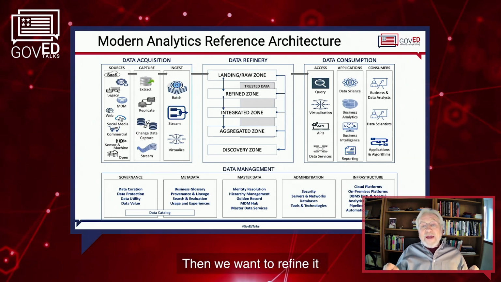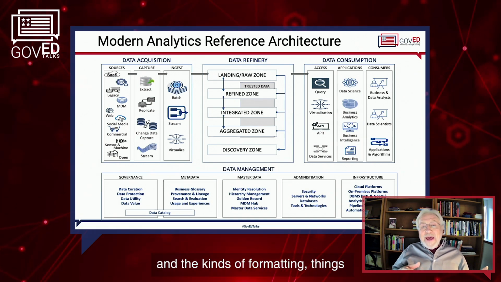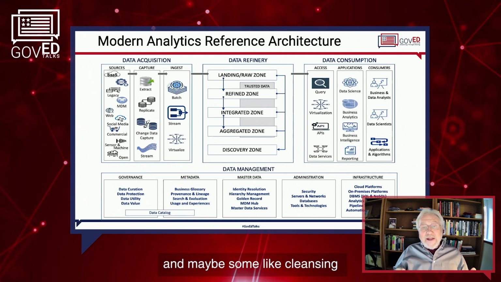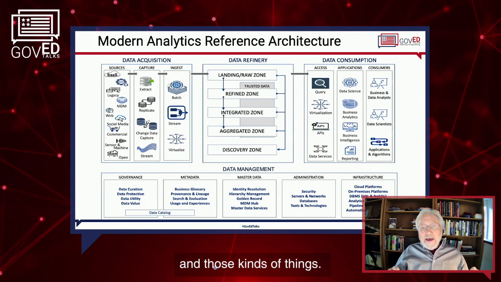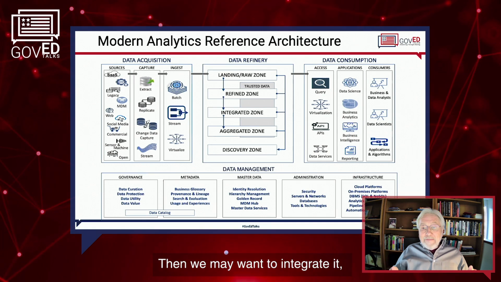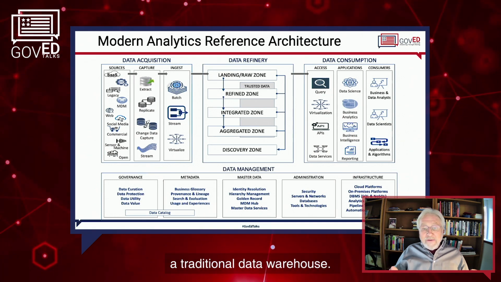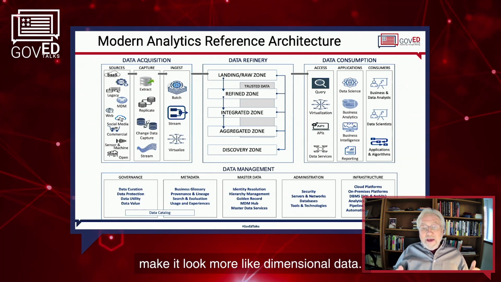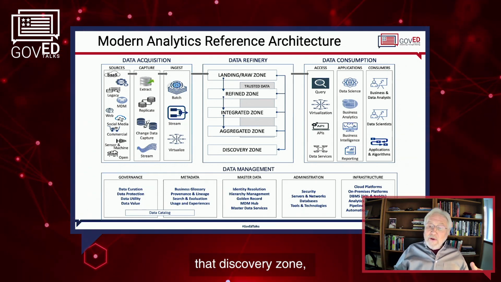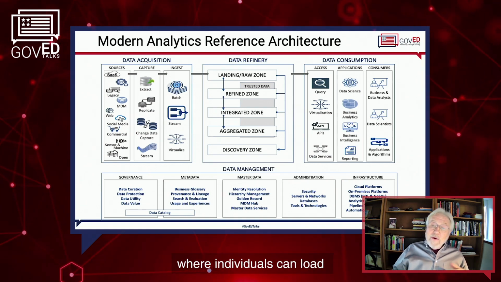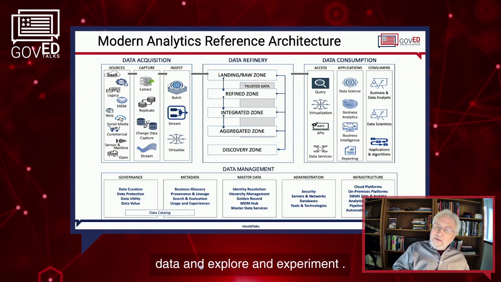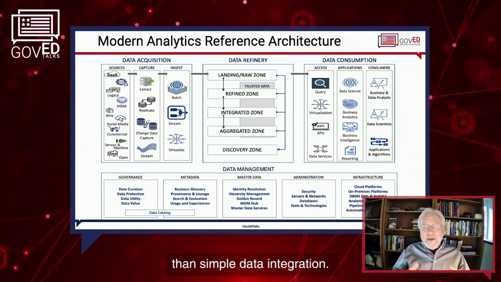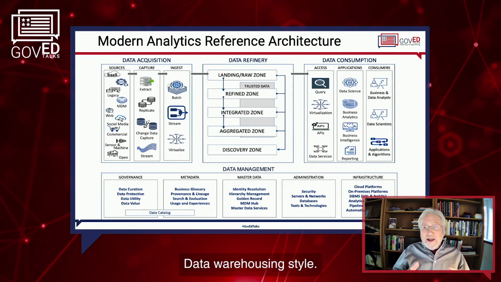Then we want to refine it with the standardization and the kinds of formatting things we want to do, standardizing dates and maybe some light cleansing. Then we may want to integrate it, make it look more like a traditional data warehouse. And then we may want to aggregate it, make it look more like dimensional data marts. And we also want to support that discovery zone, which is the data sandboxes, where individuals can load data and explore and experiment. So much more going on here in data refinement than simple data integration, data warehousing style.